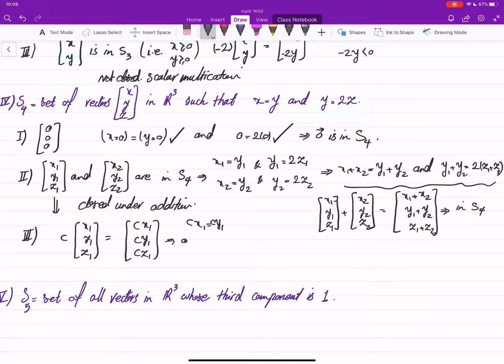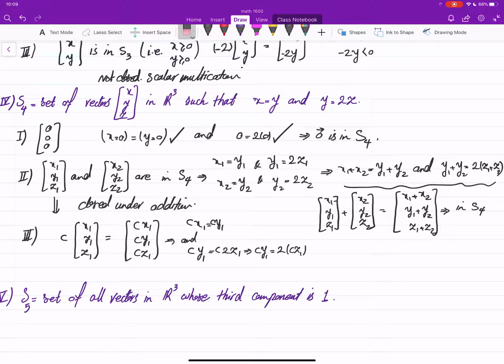And we know that y1 is twice z1. So if you multiply it by c, that means that cy1 is also 2 times cz1.